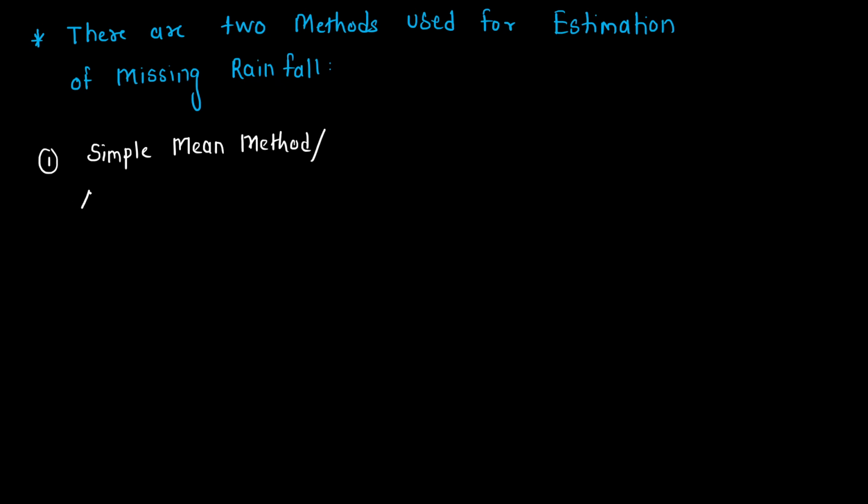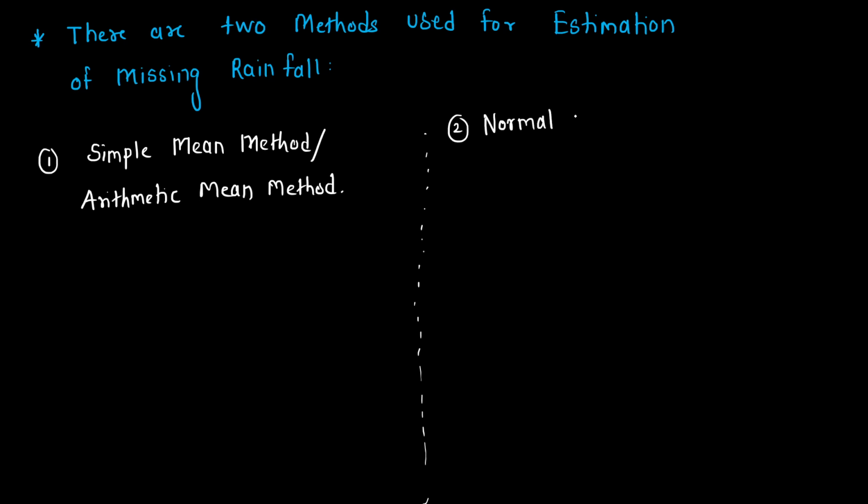It is also called the arithmetic mean method. This is the first method. The second method is called the normal ratio method.